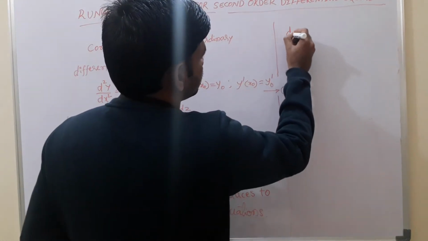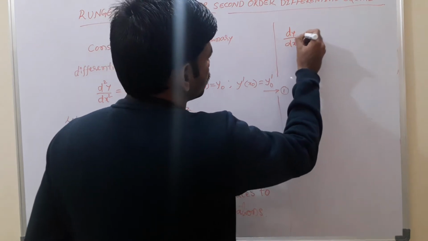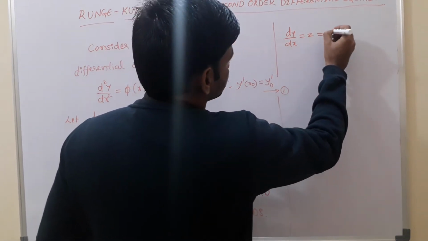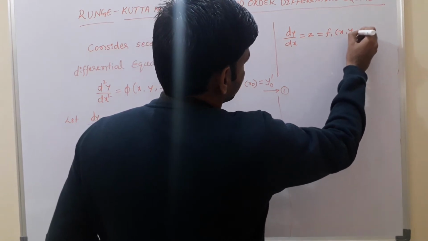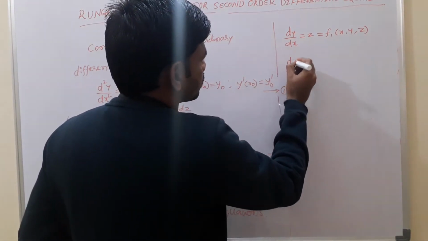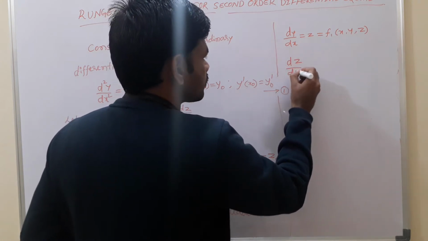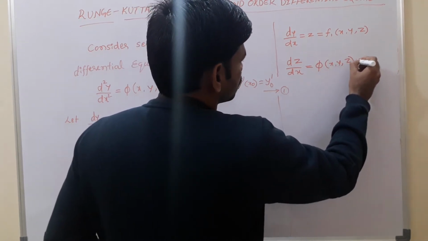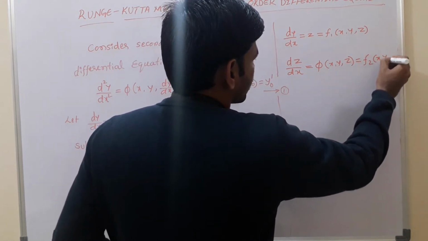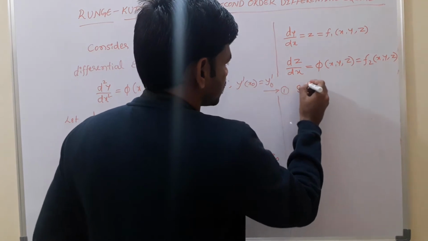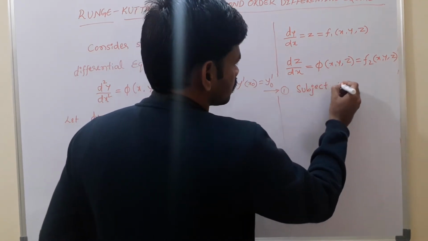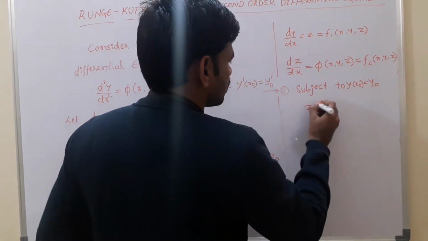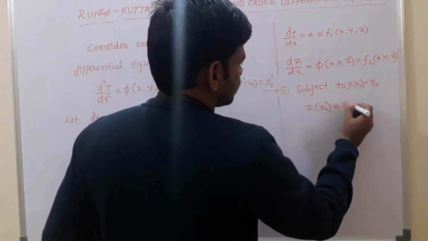That is dy by dx equal to z, that is f1 x comma y comma z, and dz by dx equal to phi of x comma y comma z equal to f2 x comma y comma z, and subject to y of x naught equal to y naught and z of x naught equal to z naught.